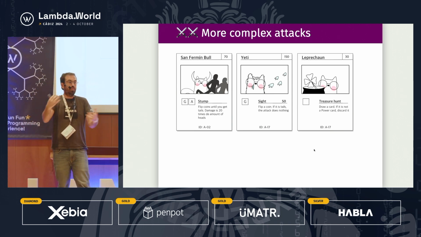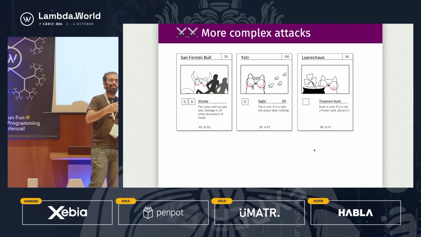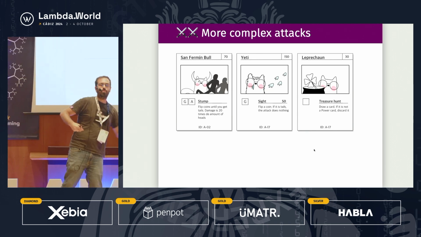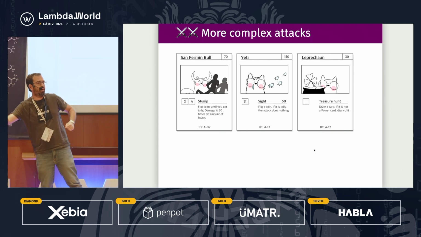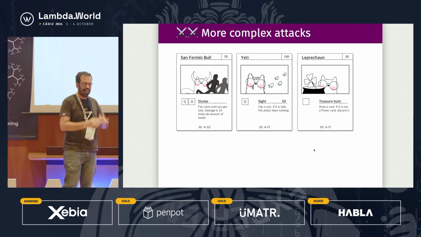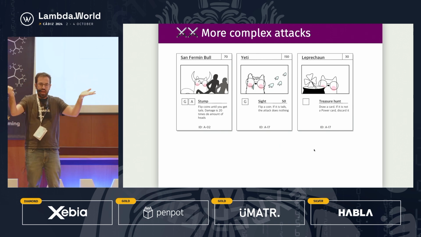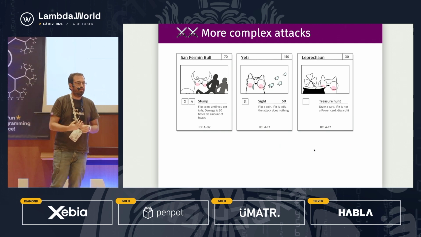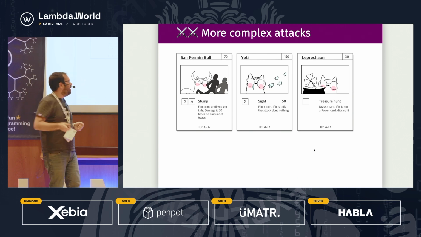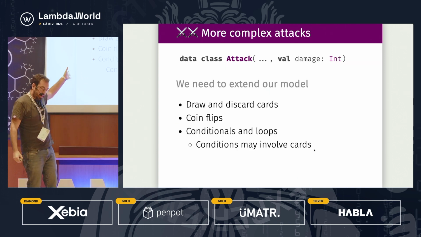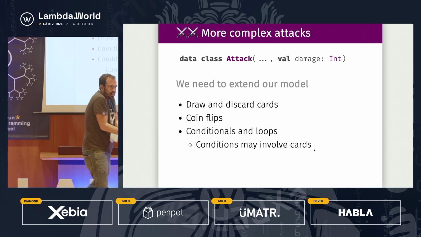The point of those games is that by combining these cards, you have a card which says discard a power card, and another card which says if you discarded a power card, then you win the game, and that's what people do. There are actual championships you can watch on Twitch about this. They are nice, I like them, as you can see. But the point here is that we actually need to extend the model, right?